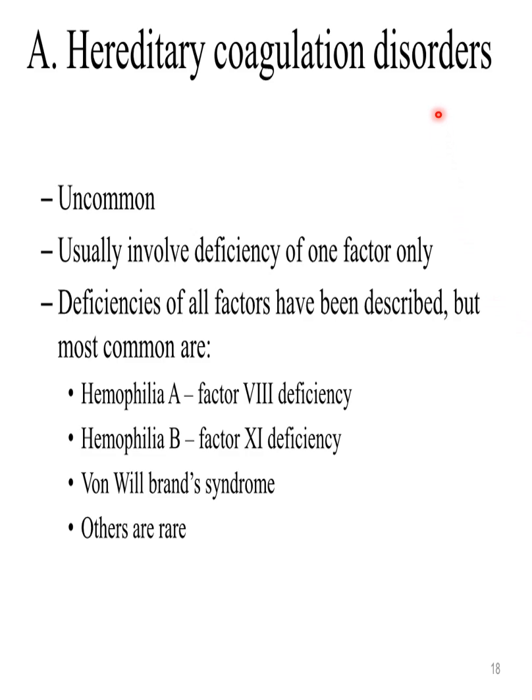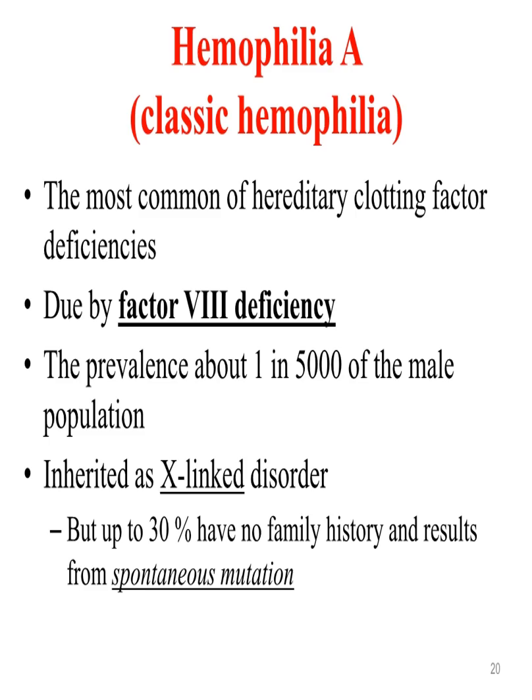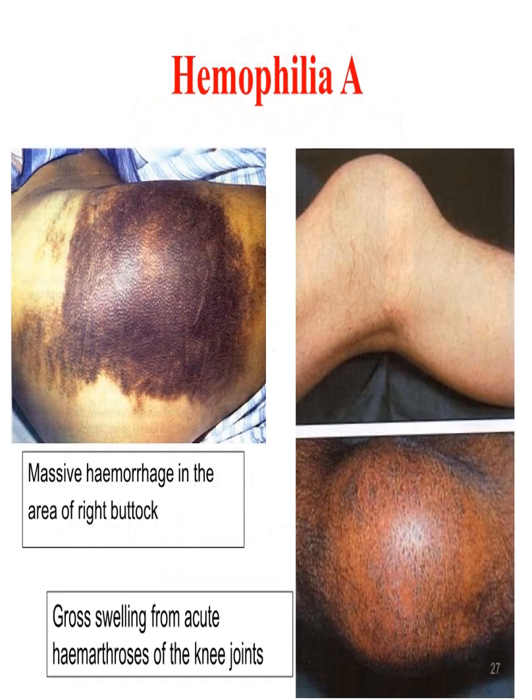Now, in the hereditary or congenital coagulation disorders, though they are not very common, the classical examples are hemophilia A, B, and von Willebrand disease. I'm sure hemophilia has been comprehensively discussed by my colleagues in the lecture, so I'm going to skip hemophilia A and hemophilia B, and you must have seen these pictures of hemophilic patients and how problematic they can be for the individual suffering.